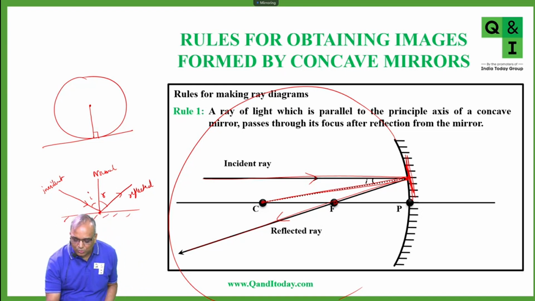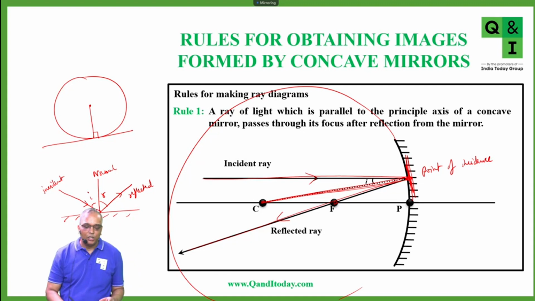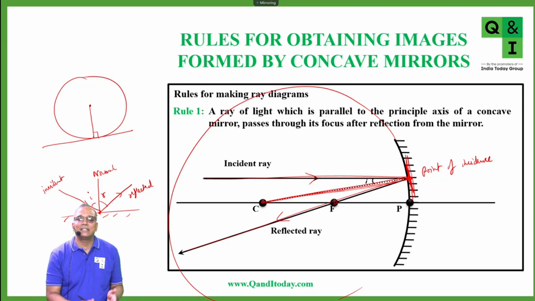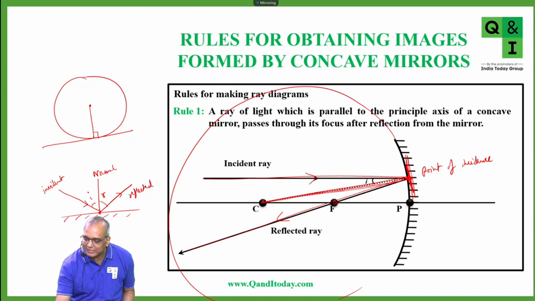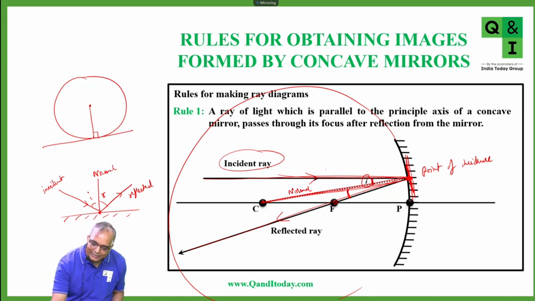Now, if you see here, students, this line which we draw from the center of curvature to the point of incidence, this is your point of incidence. When we were doing the law of reflection, I also said that these laws of reflection are also valid for spherical mirrors. So here in the spherical mirror, this is the point of incidence, this is the normal, this is your incident ray. The angle which the incident ray makes with the normal is called the angle of incidence, and the angle which the reflected ray makes with the normal is called the angle of reflection.